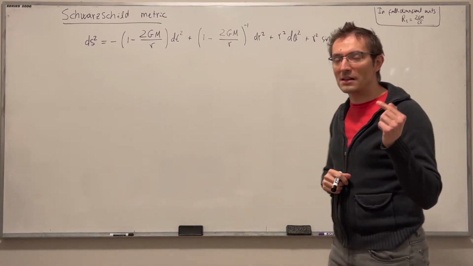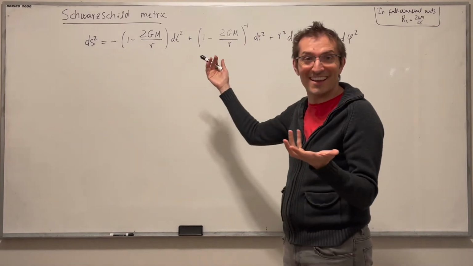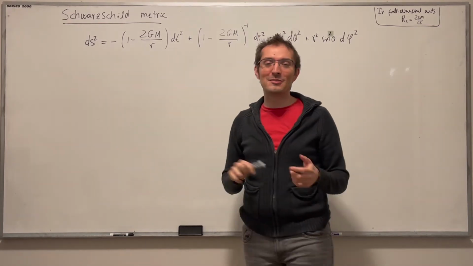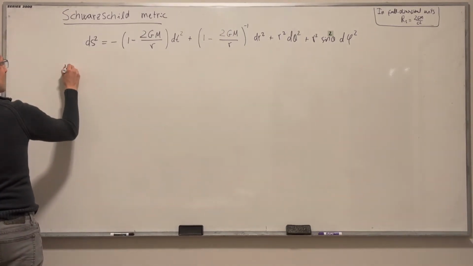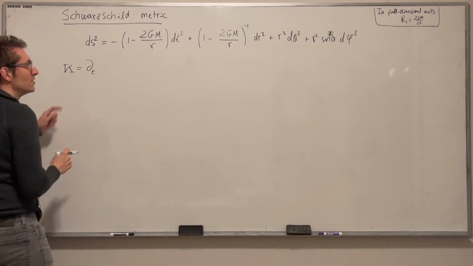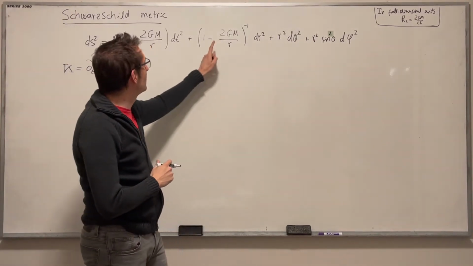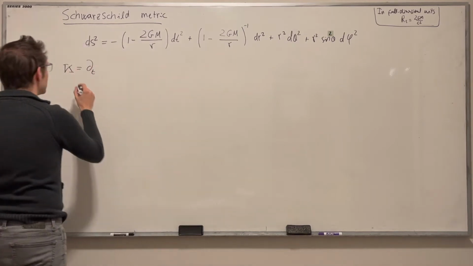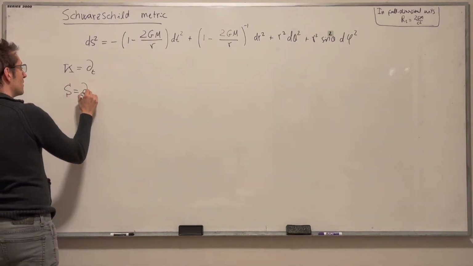So I know that translations with respect to time are going to be an isometry because time doesn't show up in the coefficients of the metric. So I know that partial t, let me call it k, this vector, partial t, and also same thing with phi. Phi does not appear in any of the coefficients of the metric. So there's a vector, let me call it s, which is partial phi.